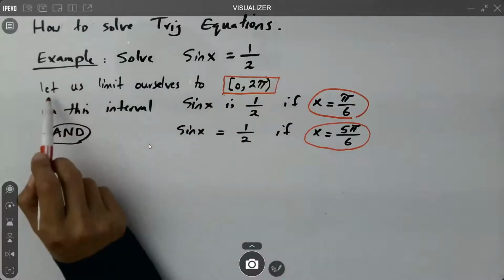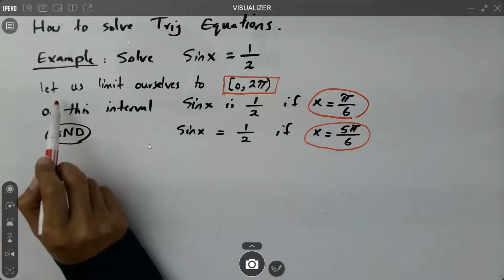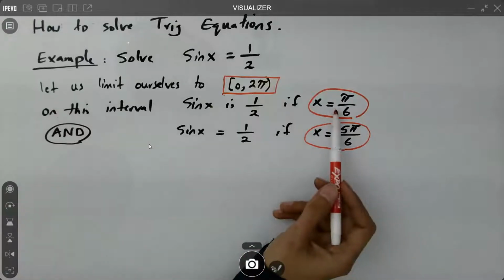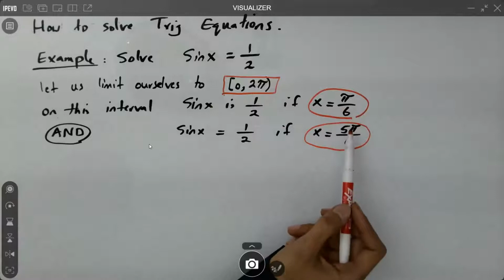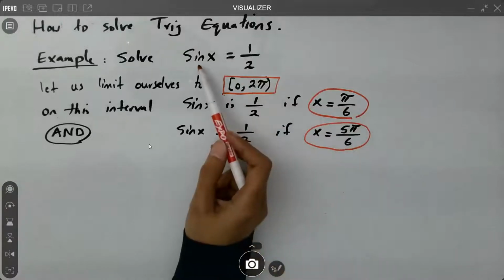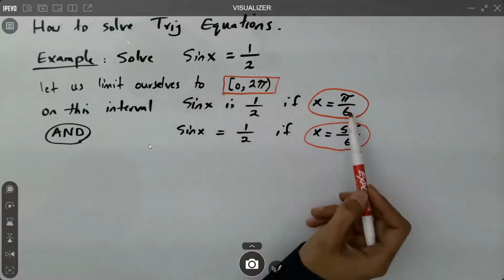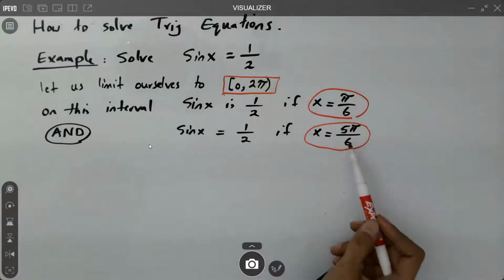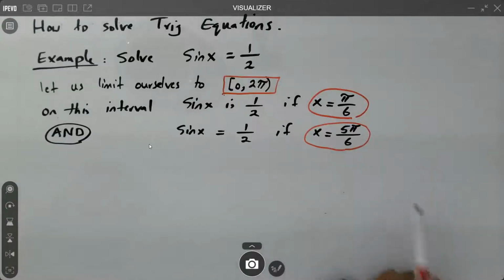This is the strategy that we're using to find some of the solutions. And since our sine function is a periodic function, we can just add 2 pi to pi/6, 2 pi to 5 pi over 6, and continue this process.